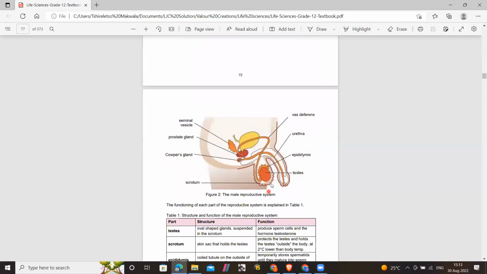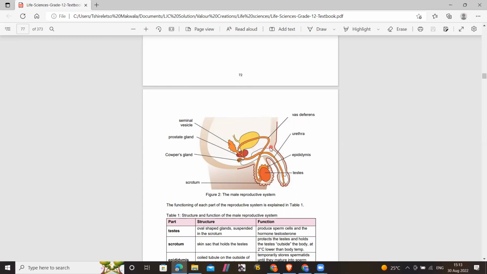So now we said these sperm cells are here. What's going to happen? During intercourse, these sperm cells are going to go via this vas deferens. If they ever ask you about a procedure called a vasectomy, this is why it's called a vasectomy: the vas deferens is cut.